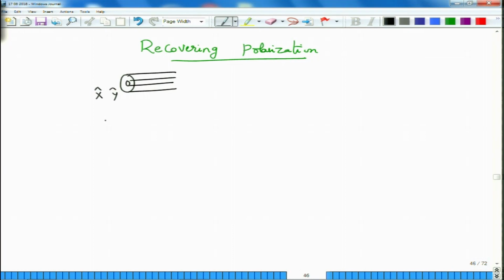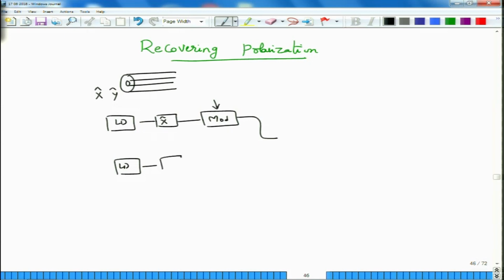So, usually what we have is one information source which produces X polarized light, and then you can modulate the data onto this one using an external modulator as in a usual sense, and then combine this one with another laser output which is polarized along the Y direction.